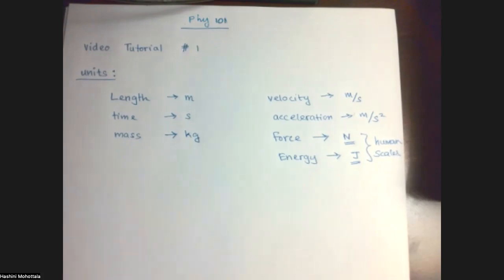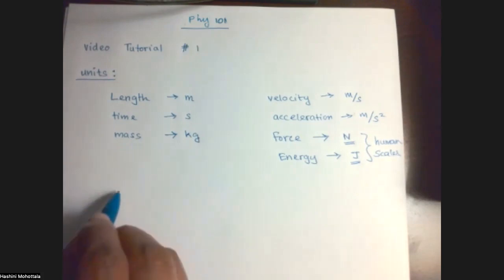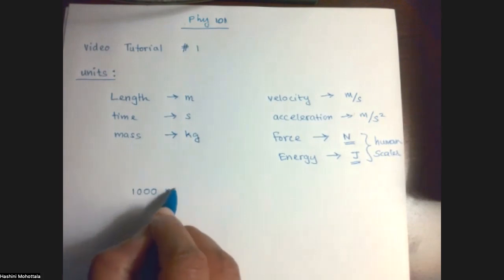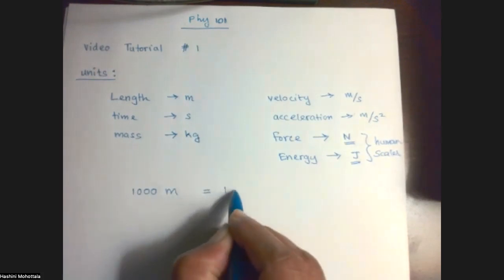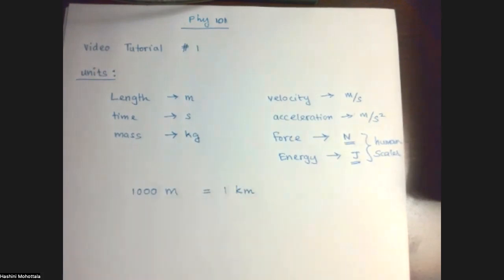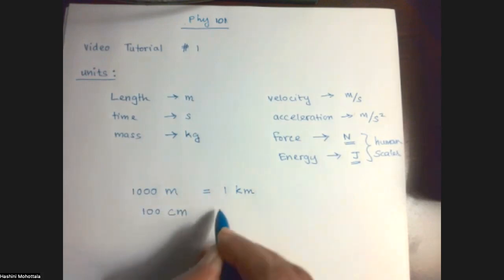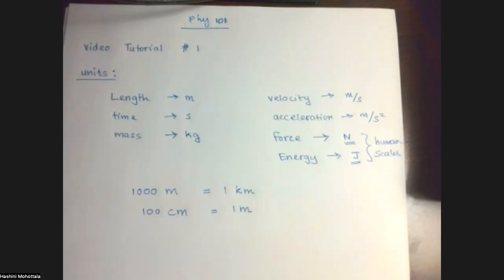Let's say the relationship between meter and kilometer. 1000 meters equals 1 kilometer, 100 centimeters equal 1 meter, and 1000 millimeters equal 1 meter.